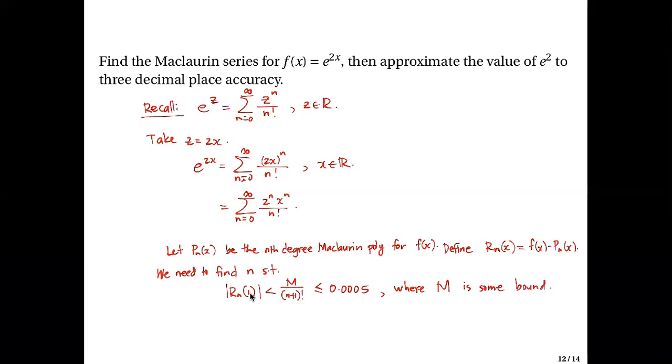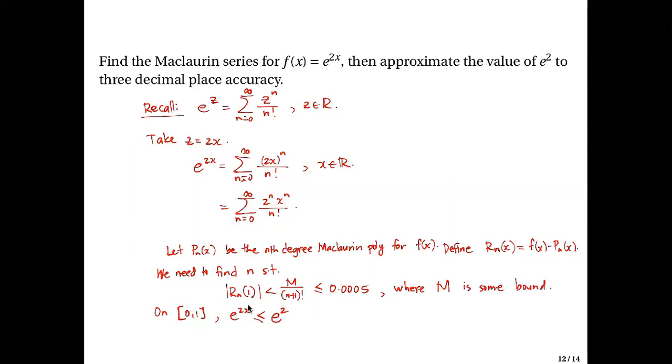But to be more precise, on the interval 0, 1, your e to the 2x will be less than or equal to e squared, correct?